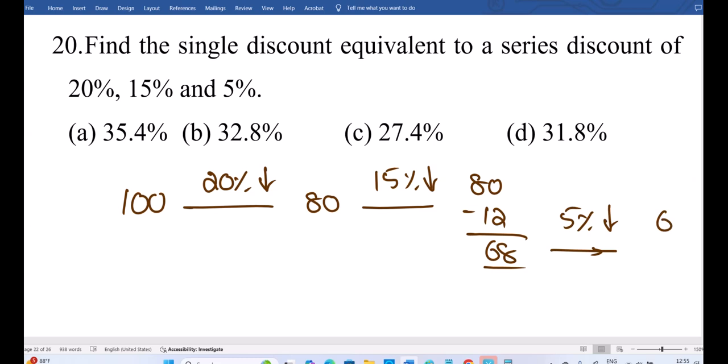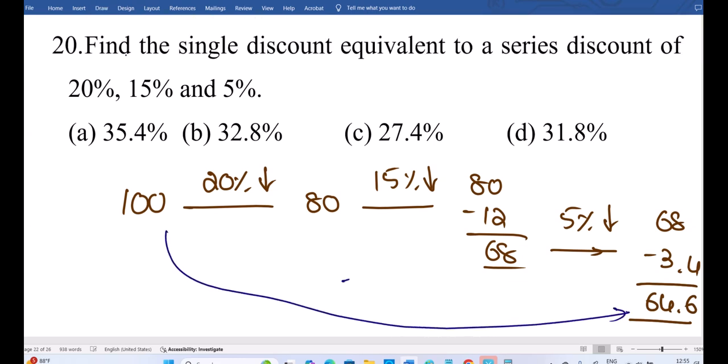For 68, 10% is 6.8, 5% is 3.4 gone. It's 64.6. 100 becomes 64.6 means 35.4% discount. Option A, 35.4% discount.